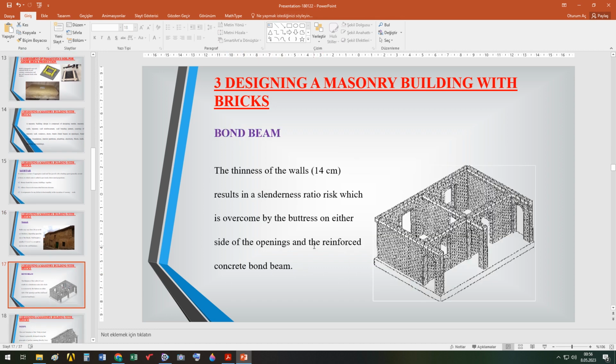Bond beam. The strip foundation is placed beneath the load-carrying masonry walls and bonds all the masonry walls together at the bottom level, and the bond beam is placed at the top of the masonry walls and bonds them together at the top level.